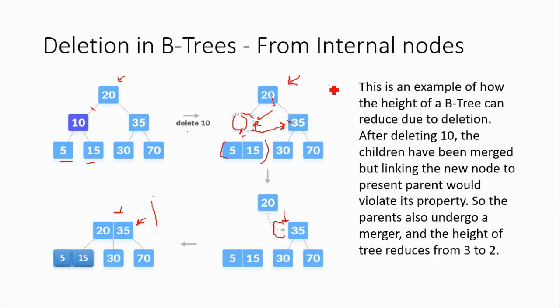It was 3 layers of height; now it has 2 layers of height. The top level is in second position, and the leaves are in their position. Earlier there were 4 leaves; now it has 3 leaves. One of the leaves contains 2 elements, which are 5 and 15.